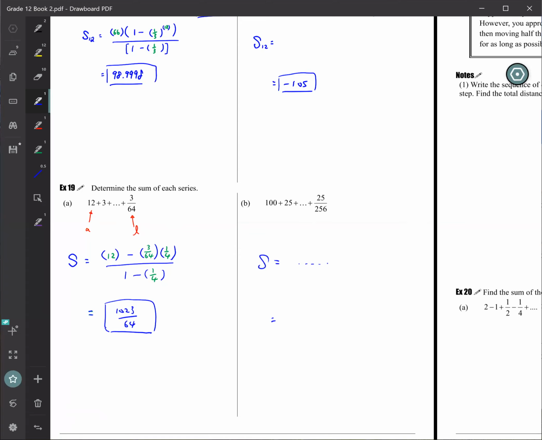So this time, same thing. We are able to leave it in fraction. It's not too bad.